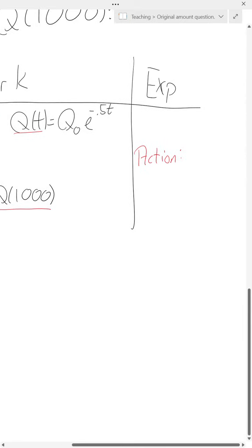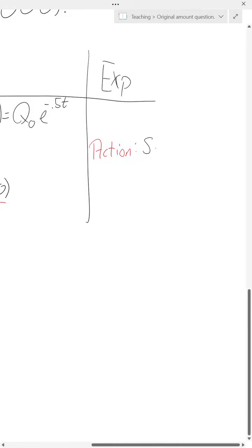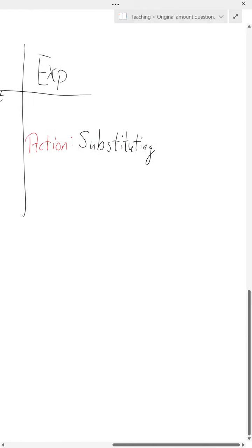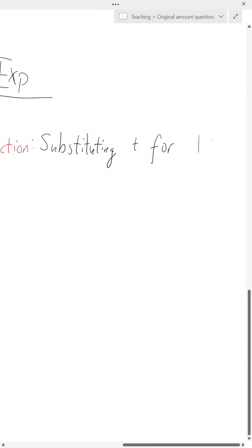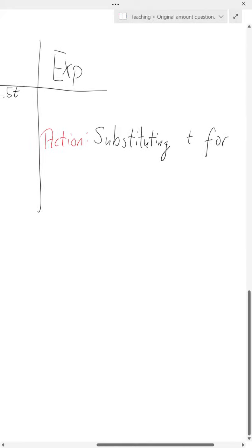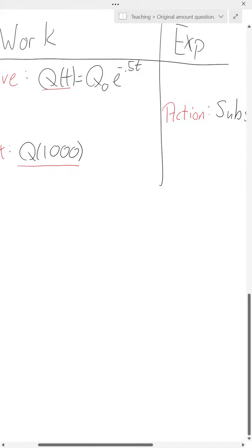And mathematically what we're doing here is substituting t for 1,000. This is important because when you do an action on one half of the equal sign, you have to do the same action on the other side.